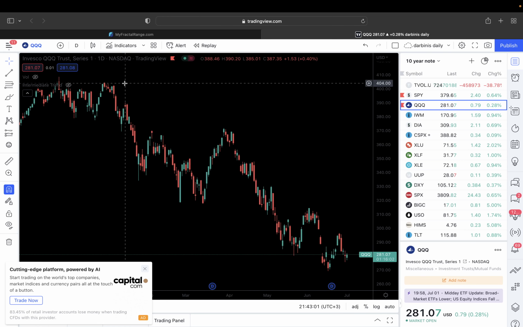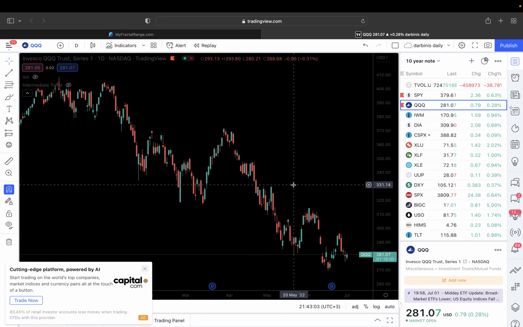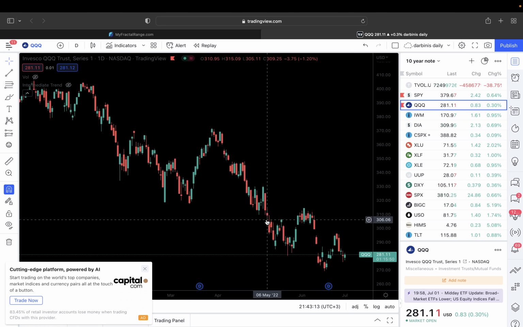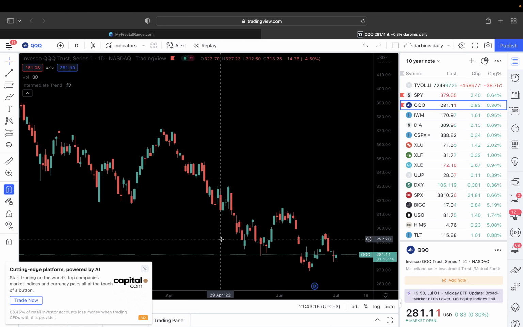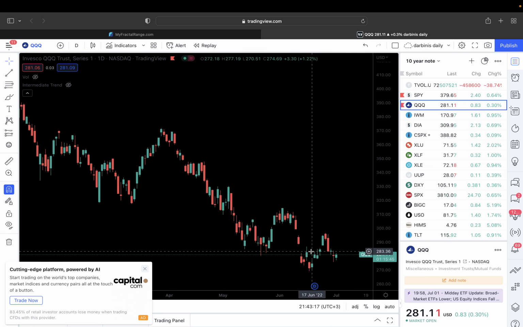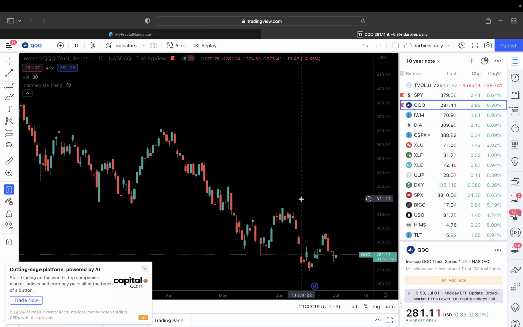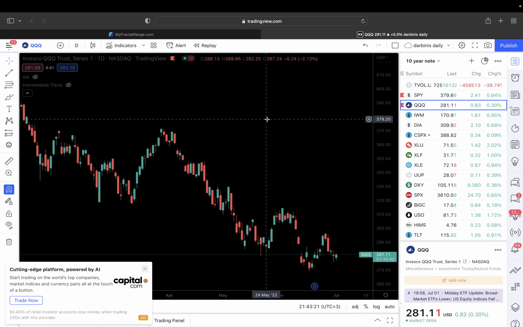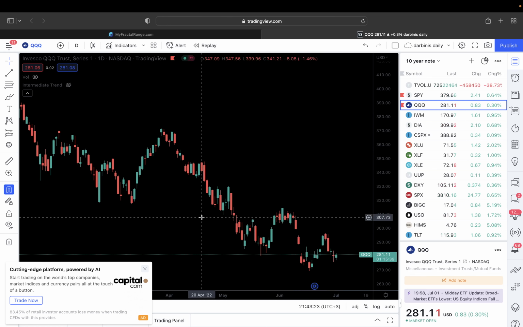Yeah, this asset is going down. If you zoom out, you can think that this trend is very clear and straight, but if you zoom in, you will see that it's not actually the case, and there are quite a lot of choppy candles. So this is the main difference.